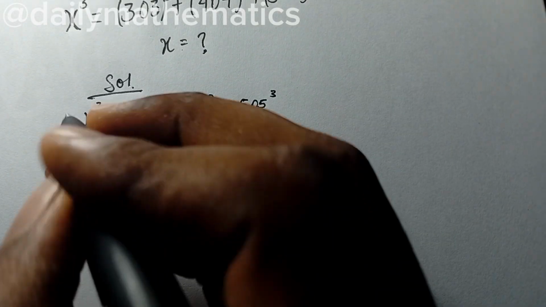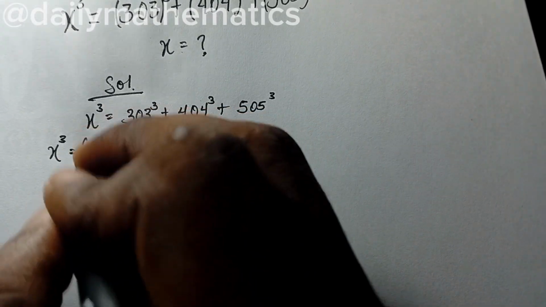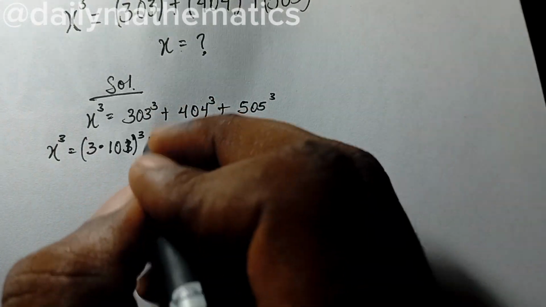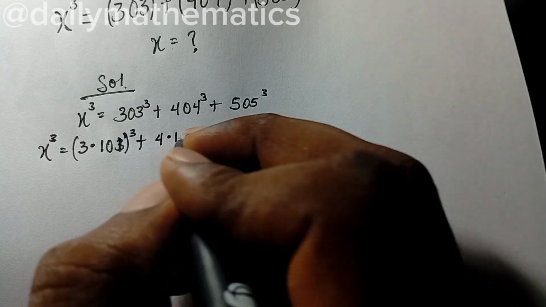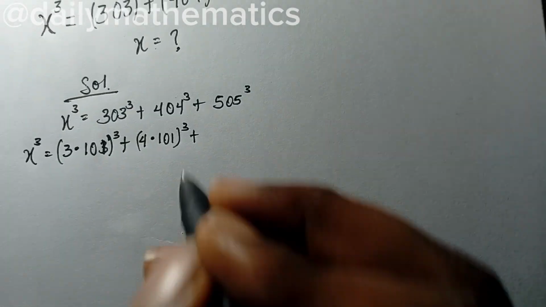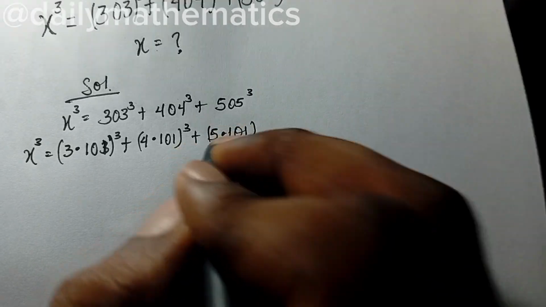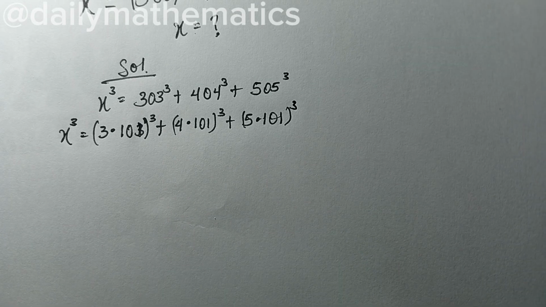Now 303 can also be written as 3 times 101, that's cubed, plus 404 cube can also be written as 4 times 101 cube, and then 505 cube can also be written as 5 times 101 cube. Okay, so from here what do we do?